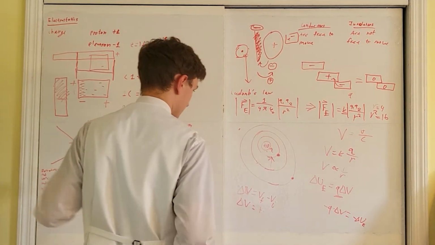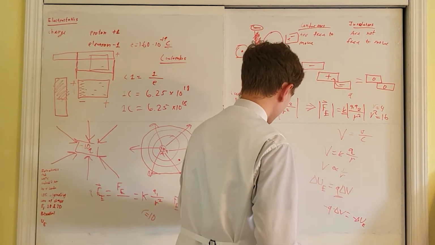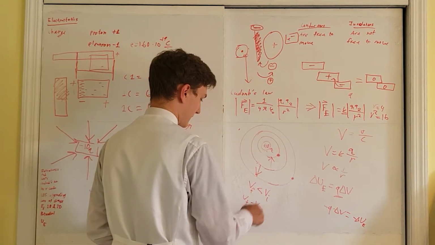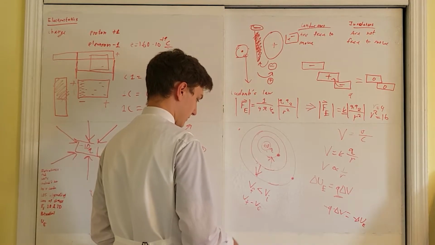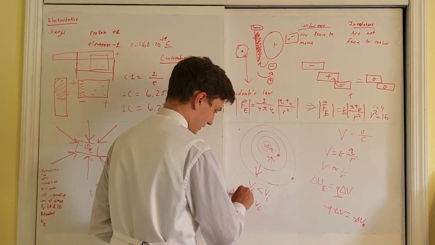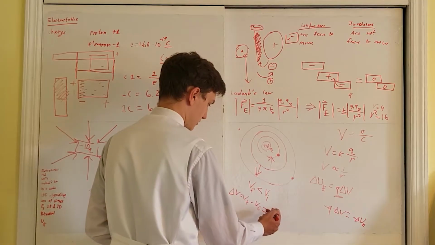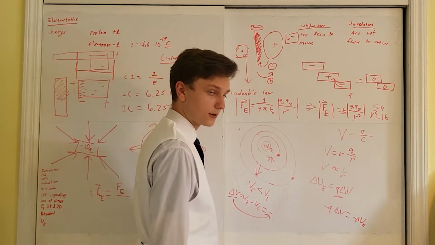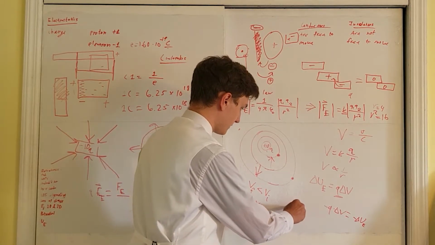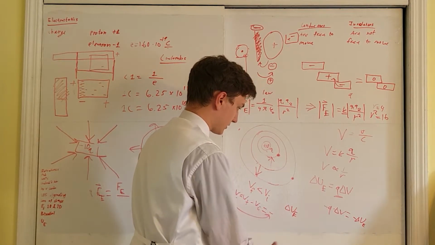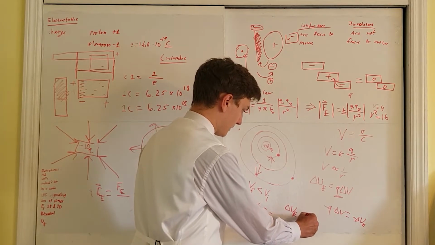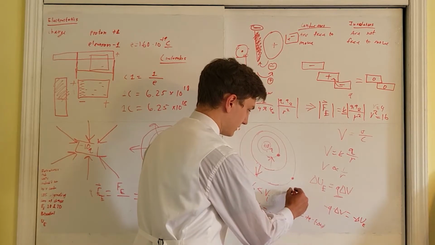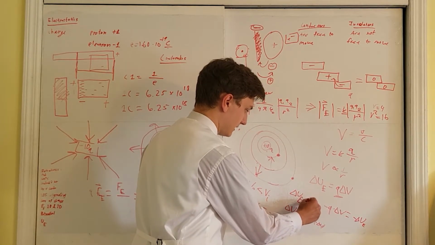And the inverse is true for the positive particle. For a positive particle, you are being repelled, you're moving this way. Your final electric potential is less than your initial electric potential, therefore your change in electric potential is going to be a negative. So given that your change in electric potential is negative for a positive charge, you can say that your change in electric potential energy is going to be your positive Q times your negative delta V, meaning your change in potential energy is still a negative.